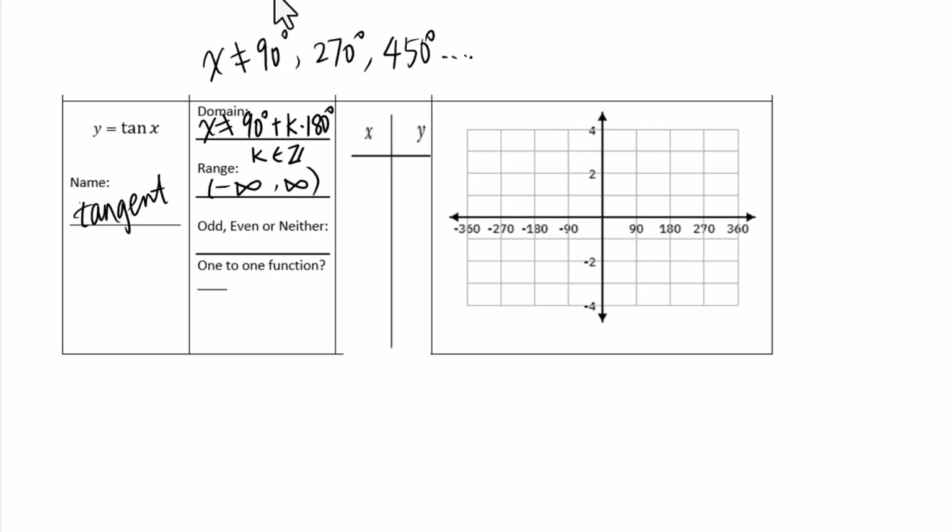First of all, let's draw the vertical asymptote lines. 0, 0. 45, 1. -45, -1.